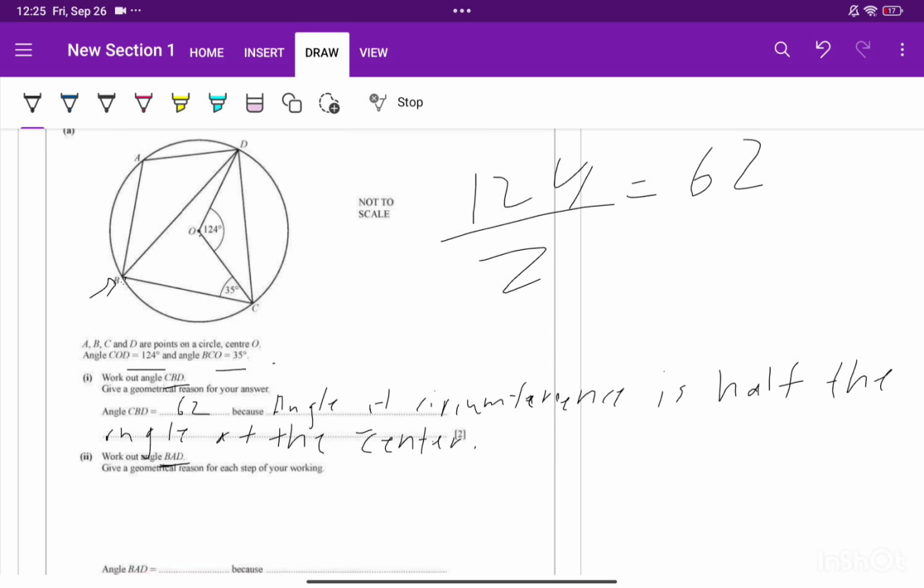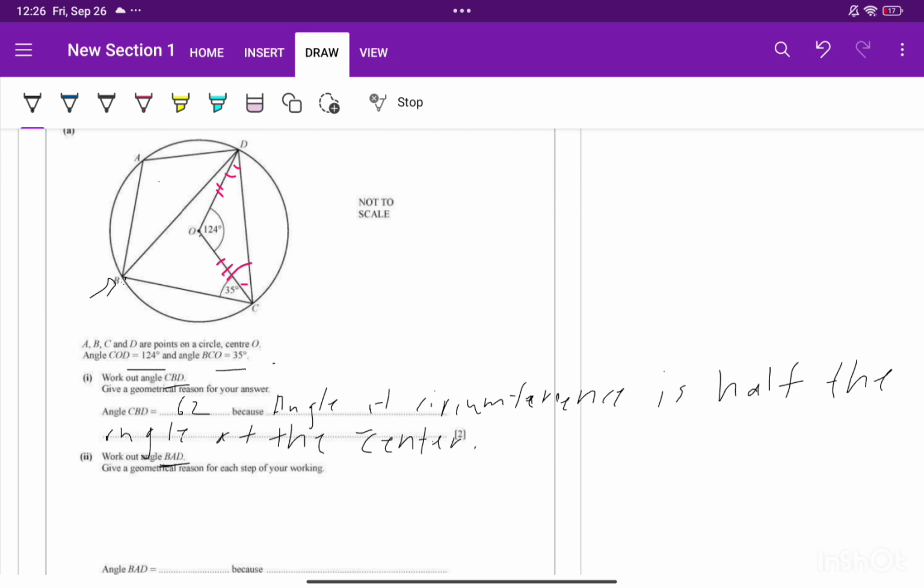Work out angle BAD. Okay, give a geometrical reason for each step of your working. Okay, BAD. So as we know, OD is a radius and OC is also a radius. So these two lines will be equal, and if these two lines are equal and OCD is a triangle, then we know that these two angles will be the same, and the sum of the angles in a triangle is 180.